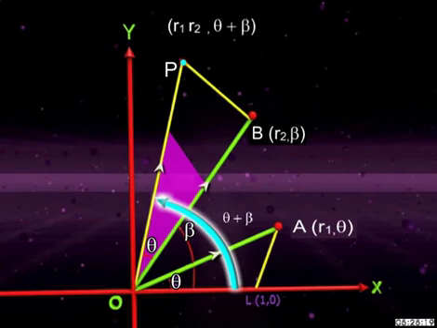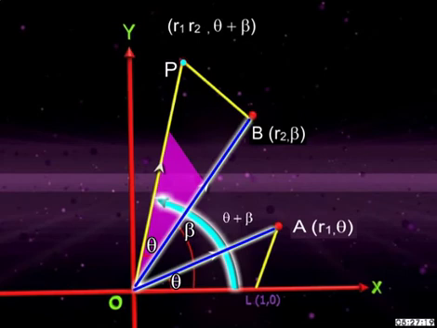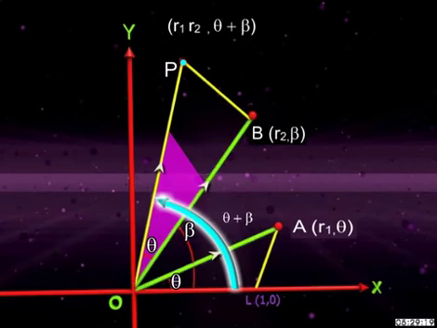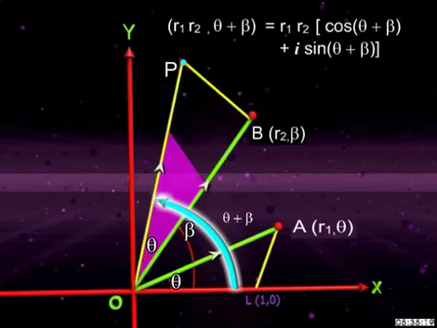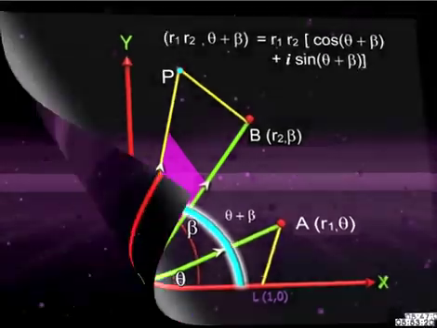So it represents the product of these two complex numbers. So the polar form of the complex number represented by vector OP is r1 into r2 whole multiplied by cos of theta plus beta plus iota into sin of theta plus beta. This point P gives the multiplication of complex numbers represented by points A and B.